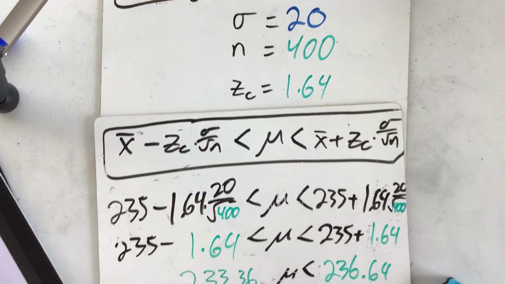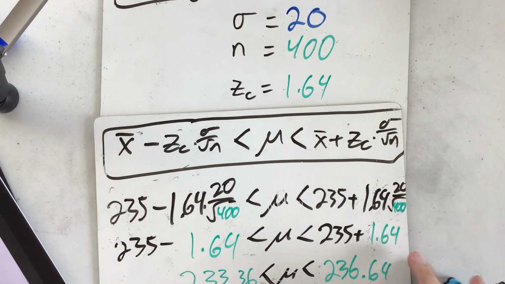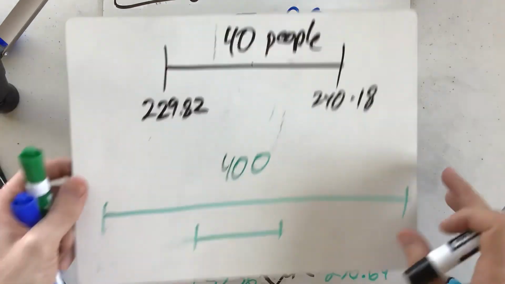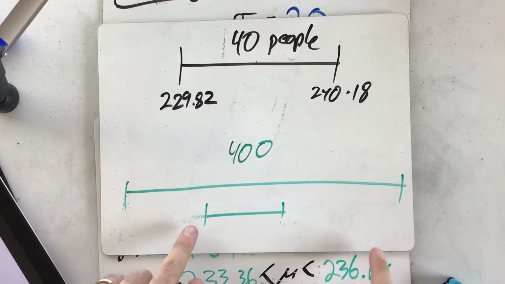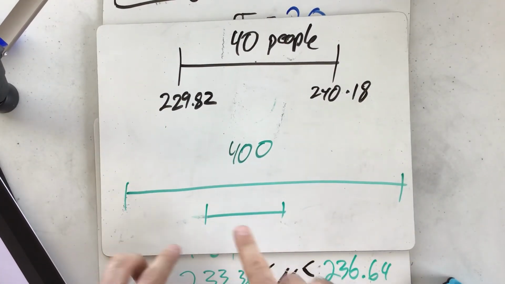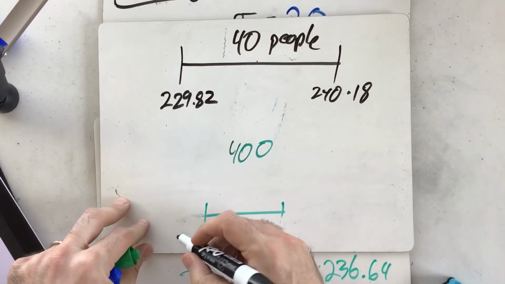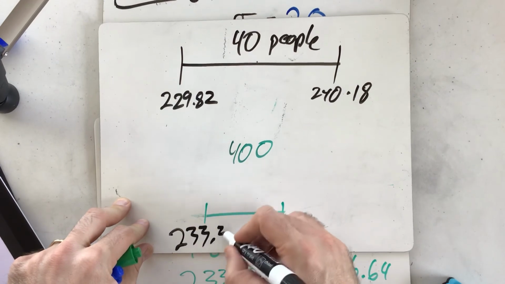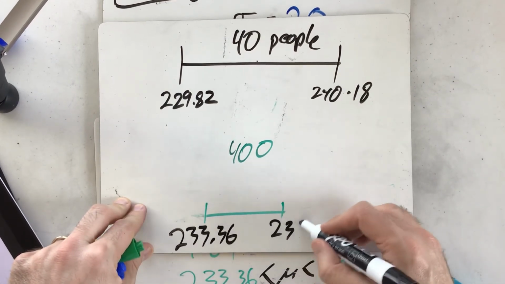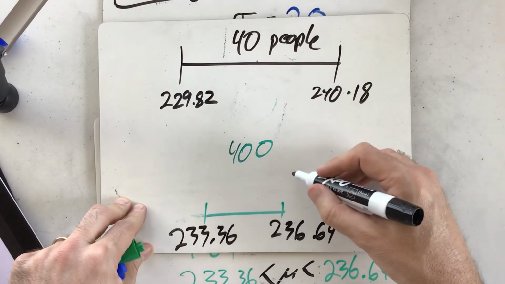So these are my new numbers: 233.36 and 236.64. So what was the result? How did these numbers compare? Well, 233 and 236, those are closer together than those values. So the answer was that it got narrower. 233.36 and 236.64. So it got narrower.